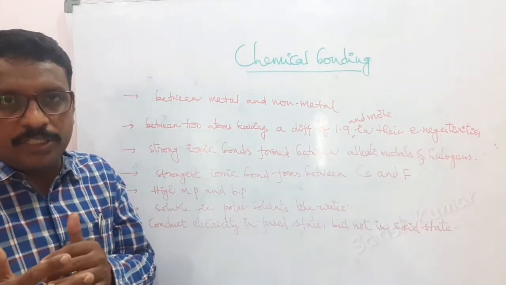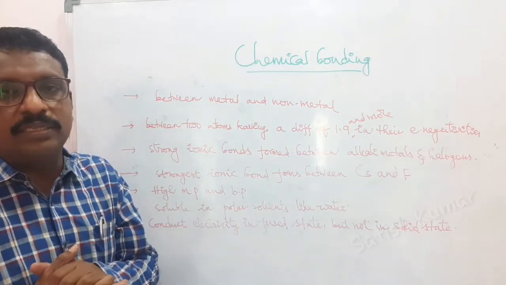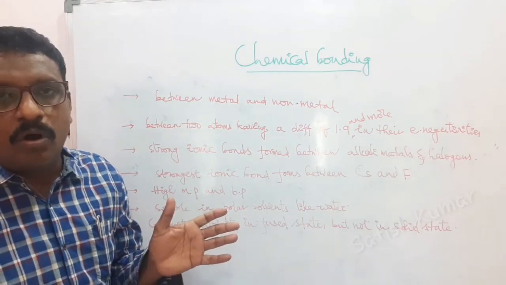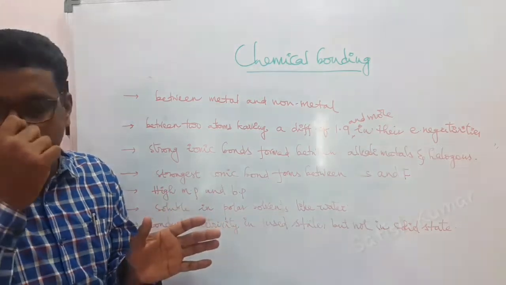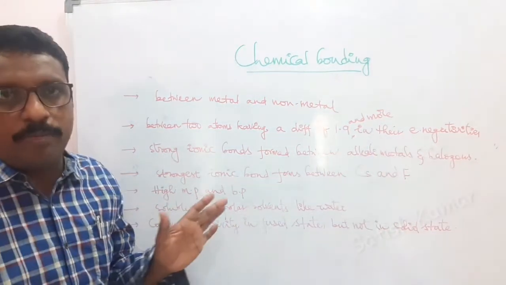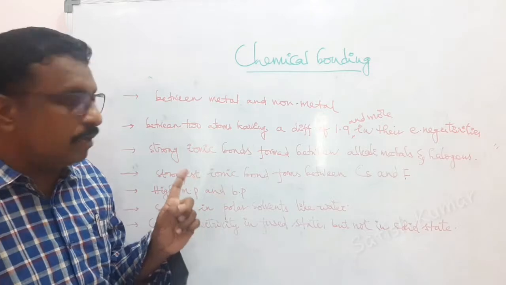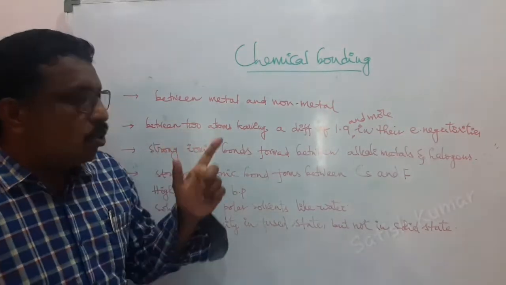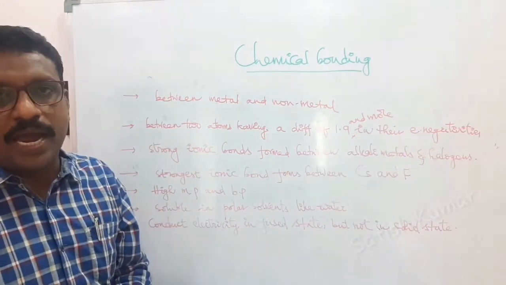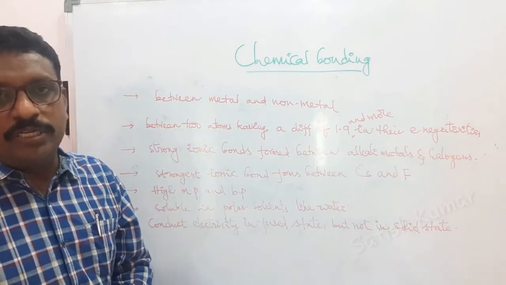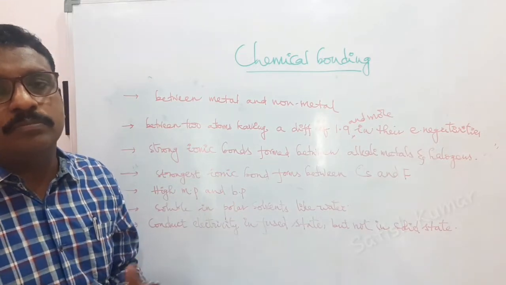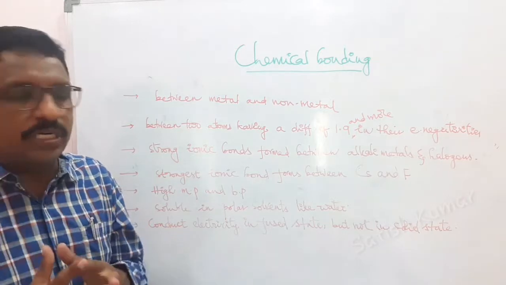If the electronegativity difference is below 1.9, then there will not be ionic bond formation. అంటే 1.9 కంటే తక్కువ ఉంటే ionic bond ఫామ్ కాదు. It should be more than 1.9. And the strongest ionic bond is formed between cesium and fluorine. Fluorine కి cesium కు మధ్యన ఏర్పడే ionic bond ఉన్న అన్ని ionic bonds కంటే strongest.